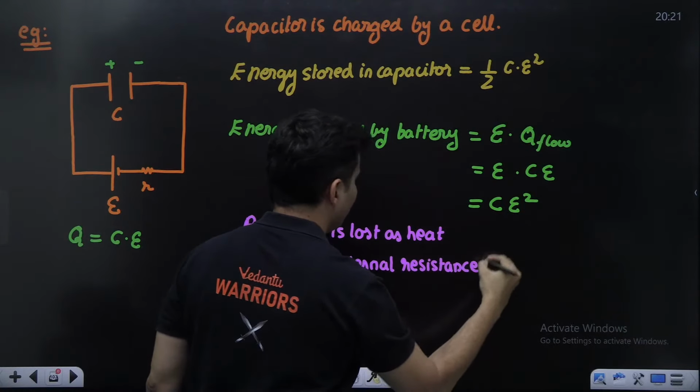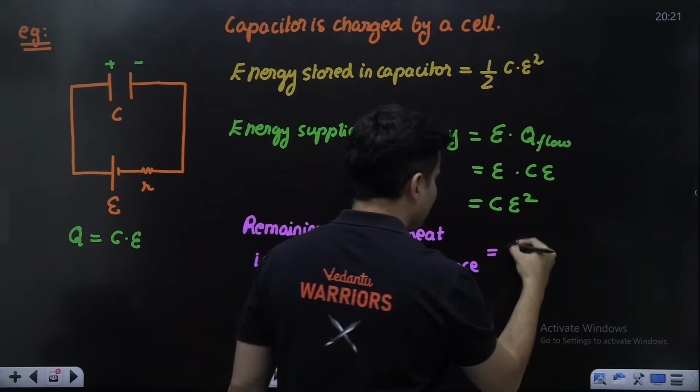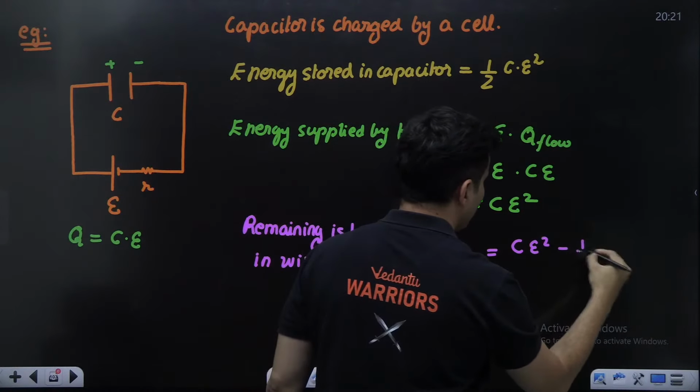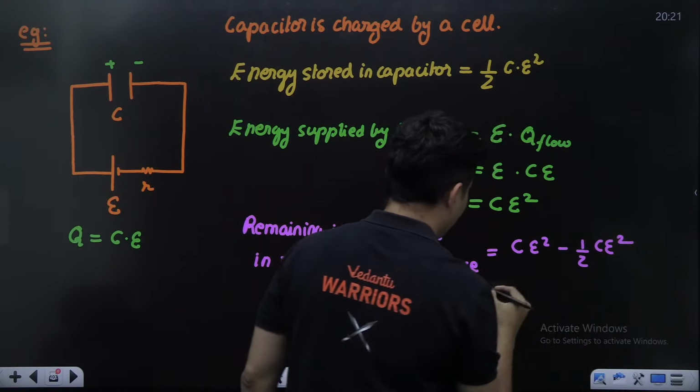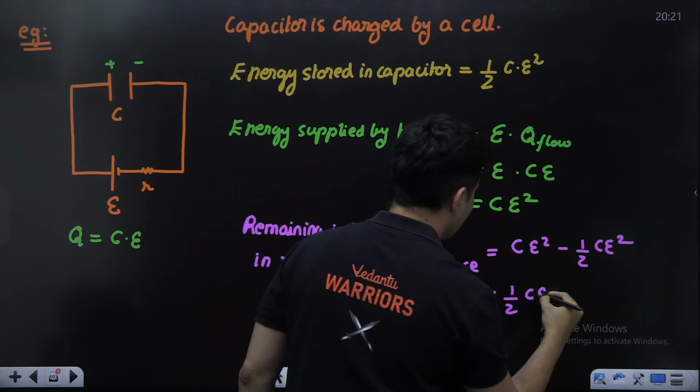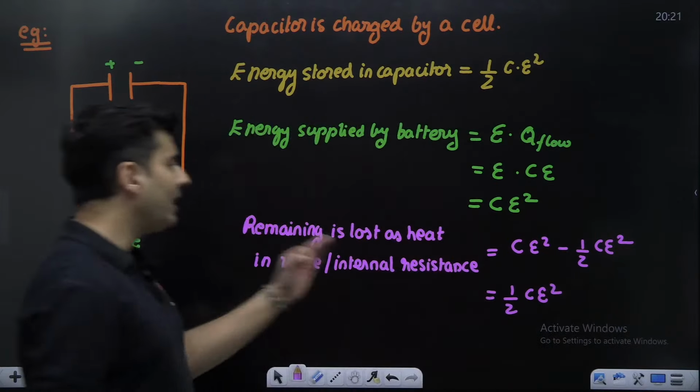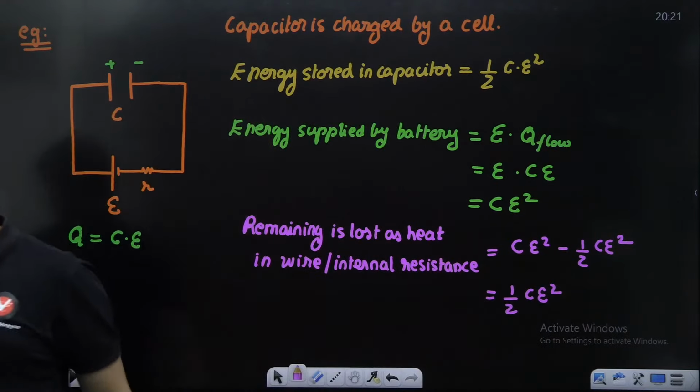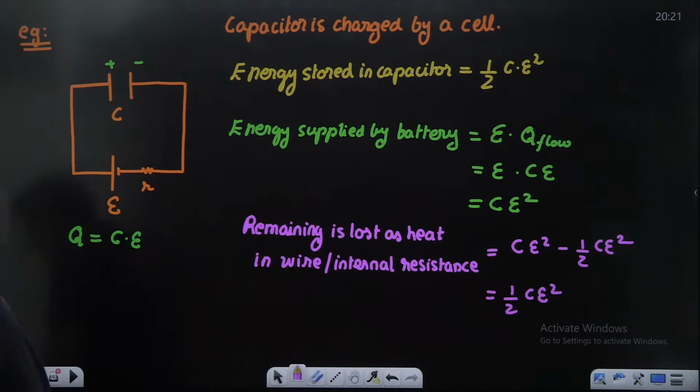So how much will that be? It will be nothing but CE square minus half CE square. So that will be half CE square. So half the energy is just lost as heat. That is the interesting part.